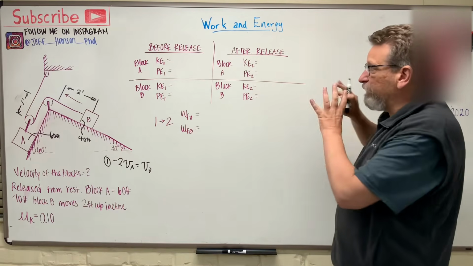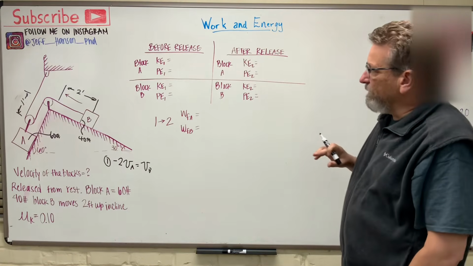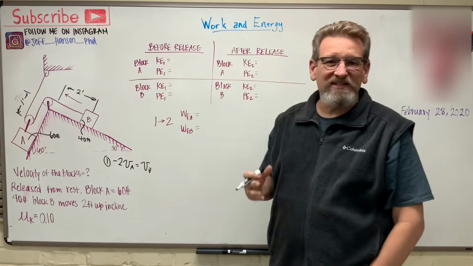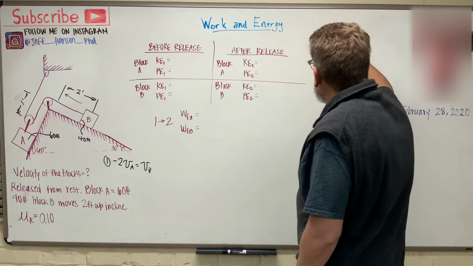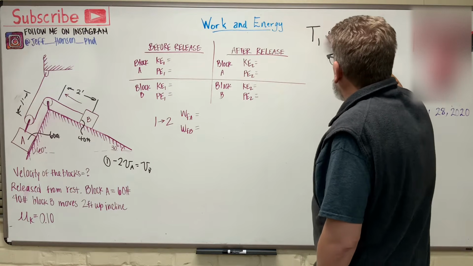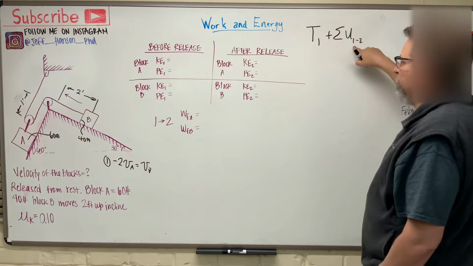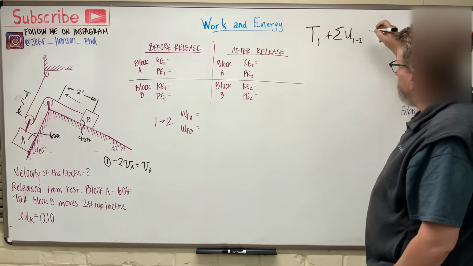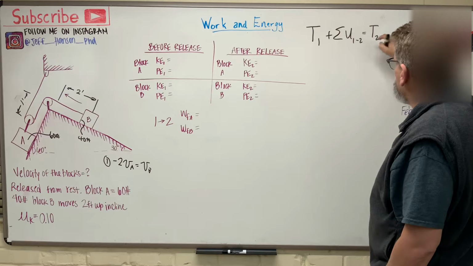Now let's see if we can fill in our energy balance here, okay? So number 1, the kinetic energy of block A and block B. What is kinetic energy? Here's the equation for this chapter: T1 plus the sum of all the works from phase 1 to phase 2, or what we would call that, equals T2, the kinetic energy.